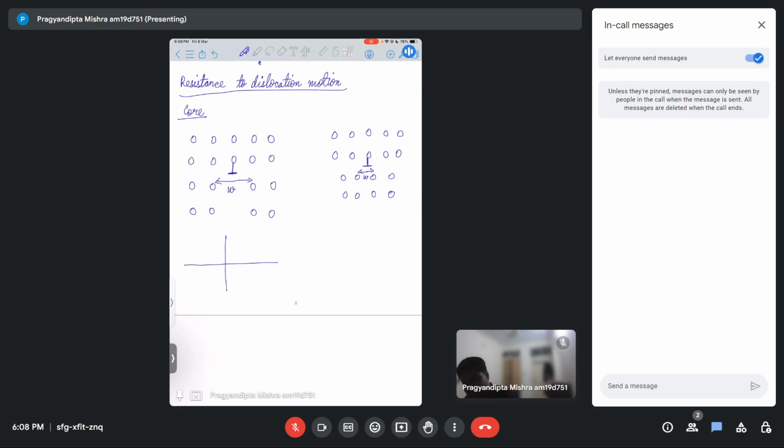For this case, we will get something similar. So this is my delta u by b, while the x-axis is just the distance.